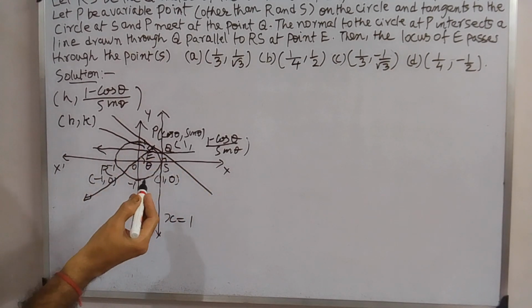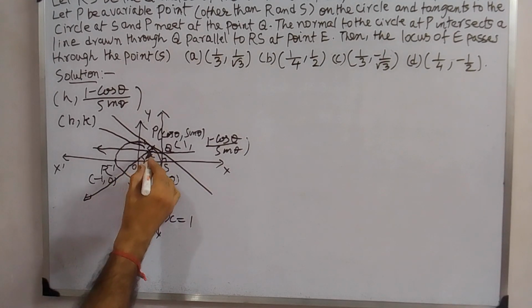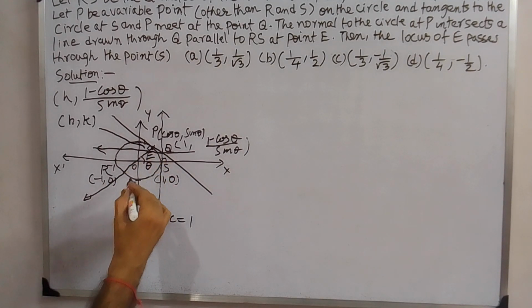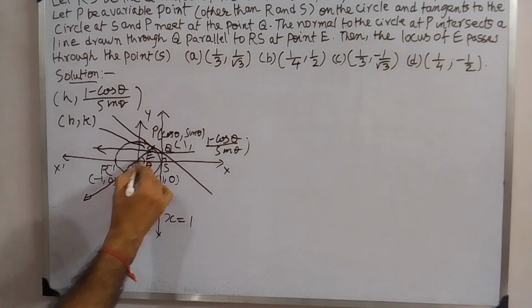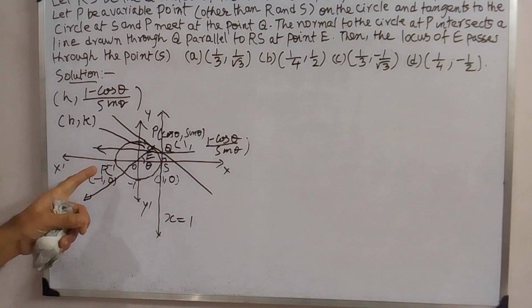So the coordinate of point P is cos theta, sin theta, and this line OP will be making an angle theta degree with the positive direction of the x-axis.